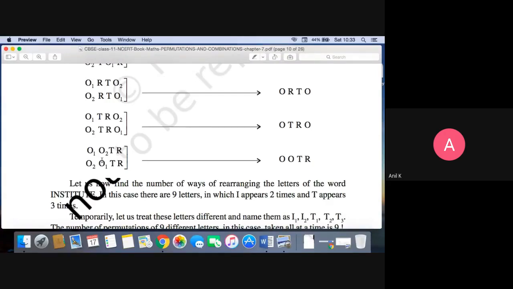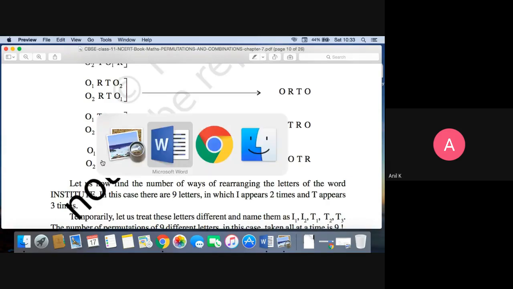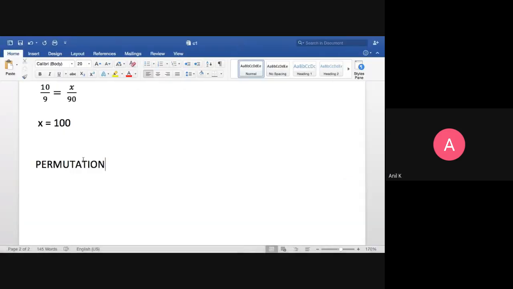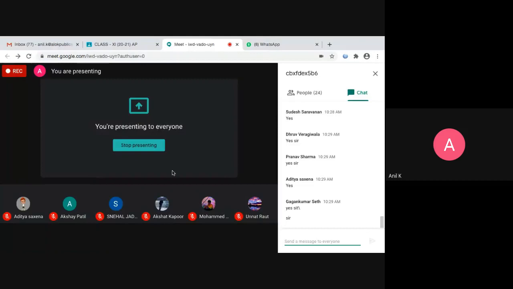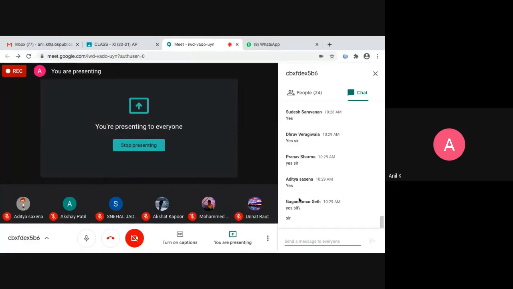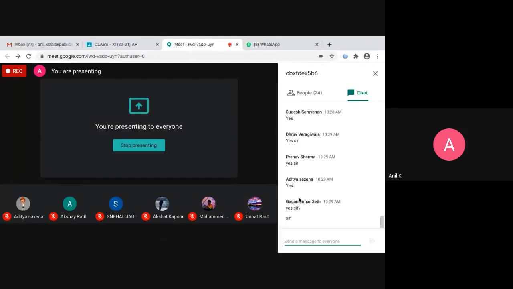So that means in permutations, when the letters are repeating, the number of words which you are going to make is going to decrease. It's not the same as without repetition of the alphabet. Is this one clear? How the number of arrangements are decreasing?